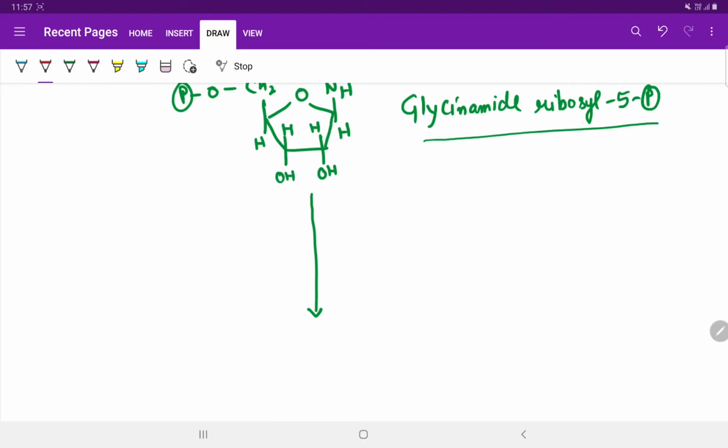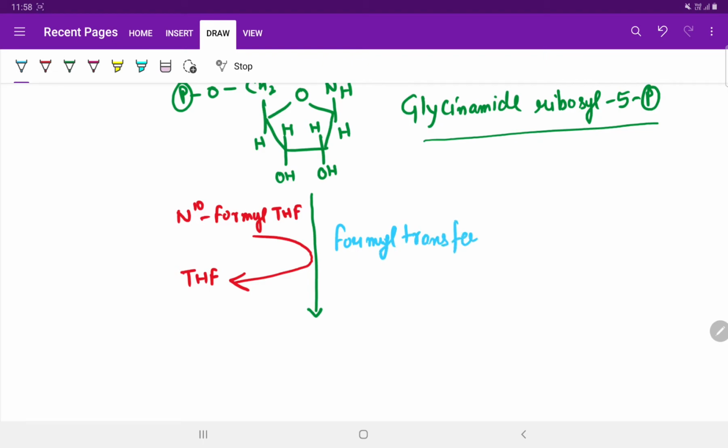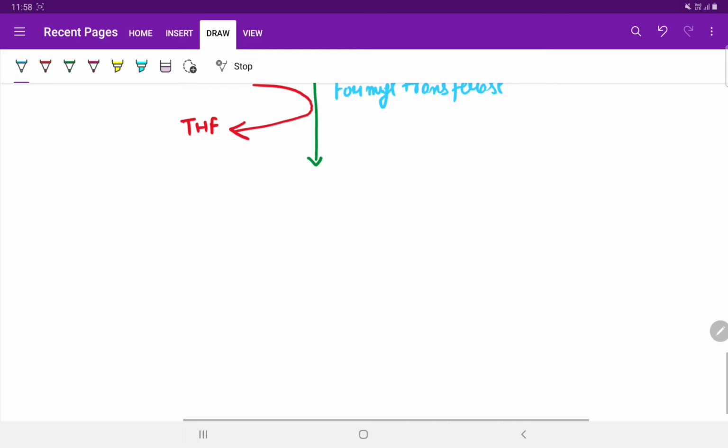So now let us add the moiety N10 formyl THF, and this will lead to the formation of formyl glycinamide ribosyl 5-phosphate in the presence of the enzyme formyl transferase. So a totally new structure will be formed.